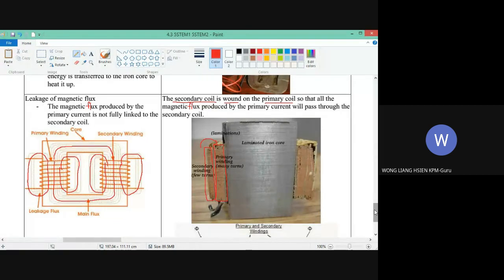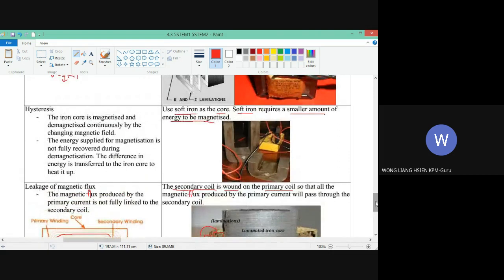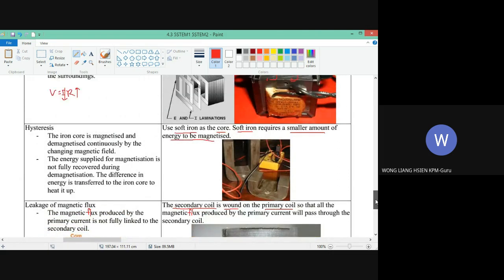You cannot say prevent. You cannot say avoid leakage of magnetic flux. You cannot totally avoid or totally prevent the leakage of magnetic flux. There will definitely be a little bit of magnetic flux that leaks out. There will definitely be a little bit of heat produced from hysteresis.